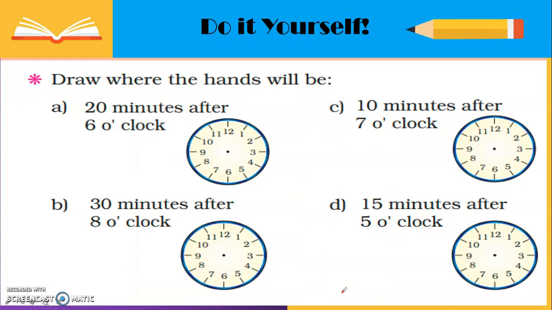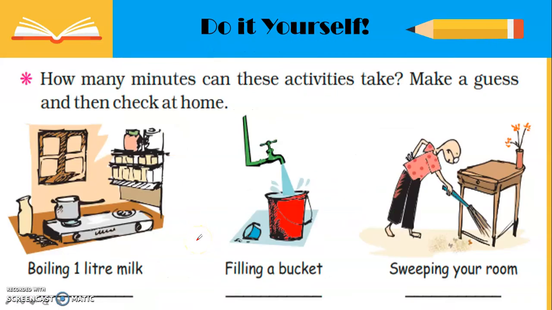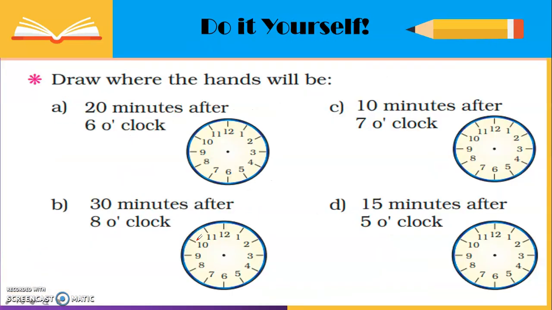Okay. Now draw where the hands will be 20 minutes after 6 o'clock. 6 o'clock means this is somewhere the timing. So how much would it be? 6:20. Just give me a minute. I'm using the laptop, so it gets a little difficult to sketch it using the arrow keys.